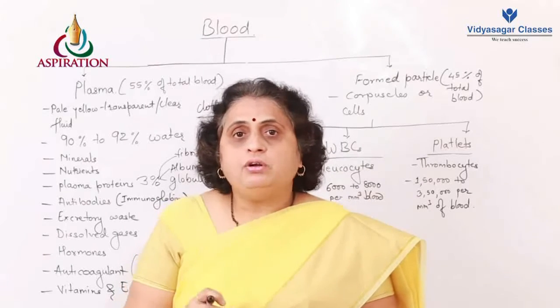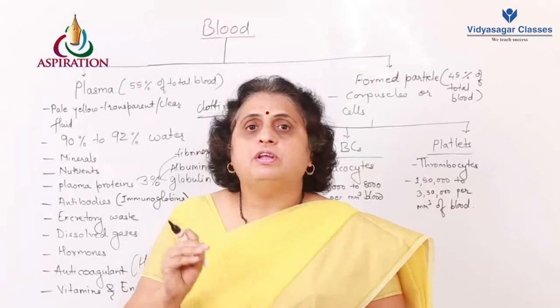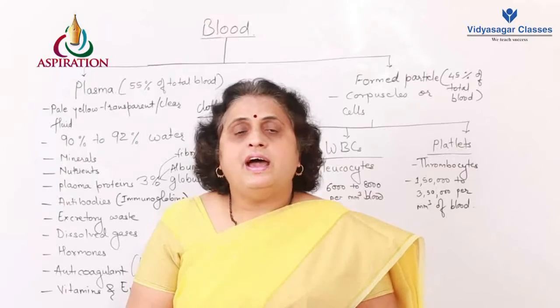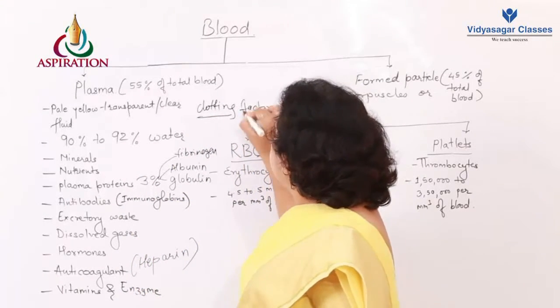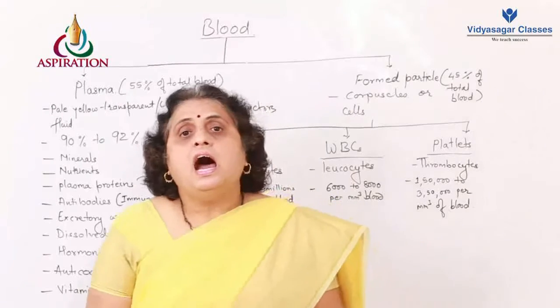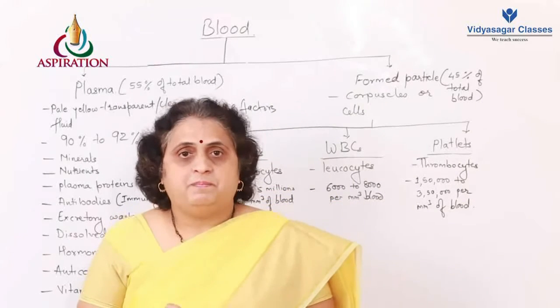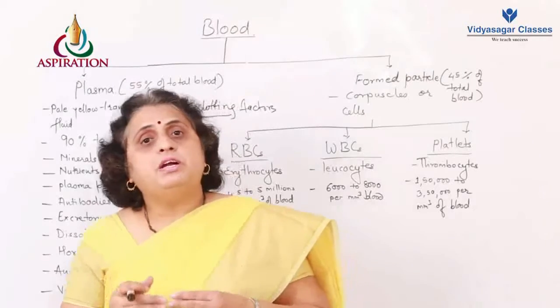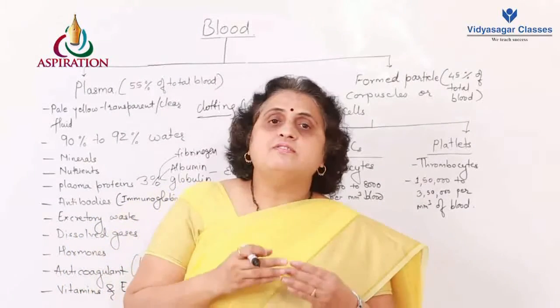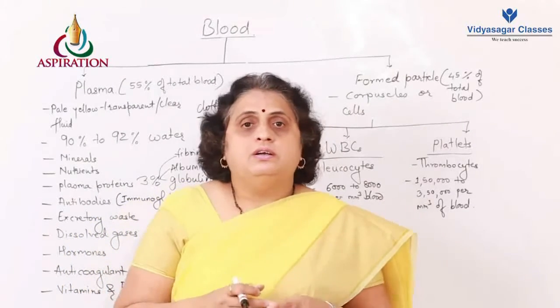This is carried out by a series of factors called clotting factors. These clotting factors are present in the plasma. These clotting factors help the blood to clot when there is a wound or cut.